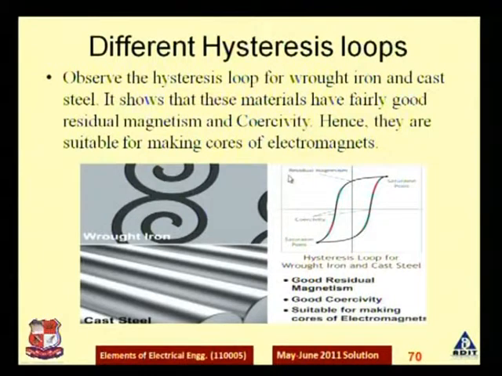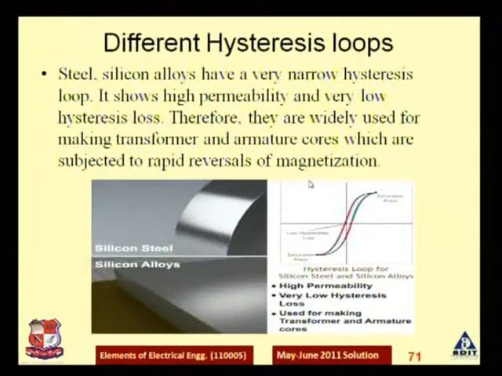So they can be suitable for the magnetic core or the electromagnet. In the same way, you can see that the hysteresis loop is very thin in the case of silicon steel or silicon alloys. So you can say that this can be used to create the transformer core or the armature core, because the armature core and the transformer core are widely subject to reversal of the magnetic system.